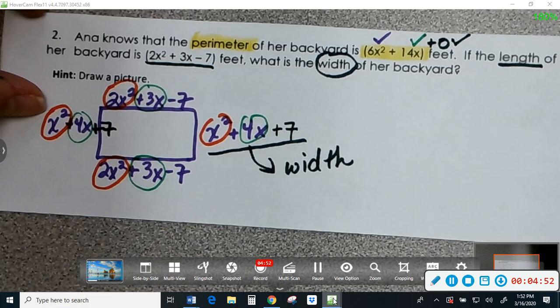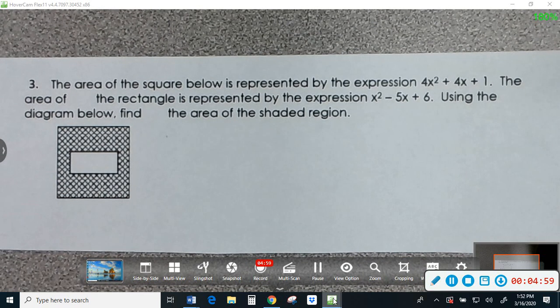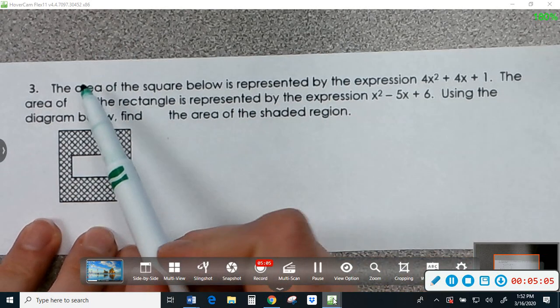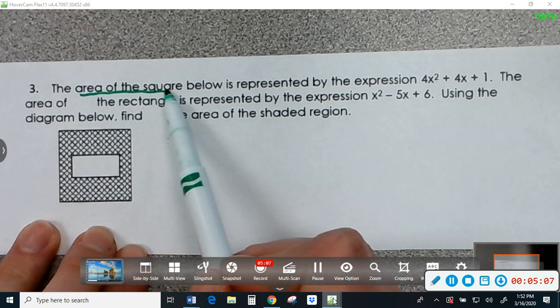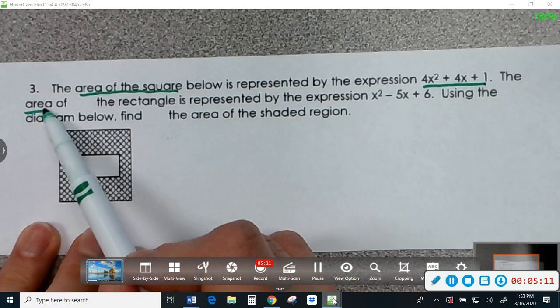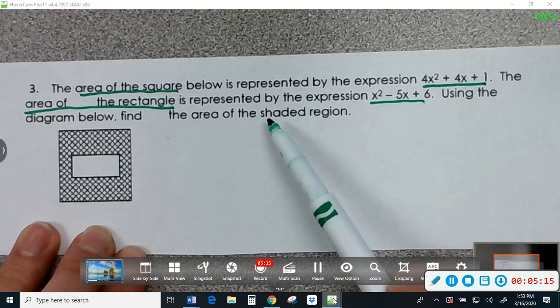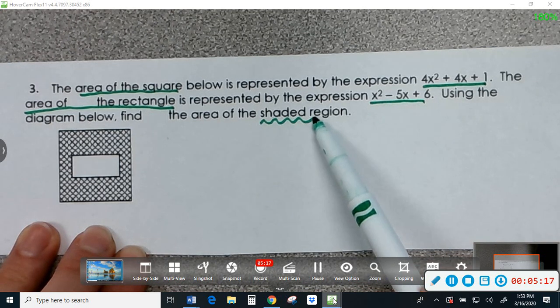Okay, for number 3, here is a shaded area problem, and it's basically telling us that the area of our square is this, and the area of our rectangle is this. And we want to find the shaded region.